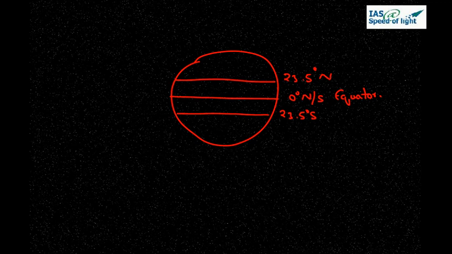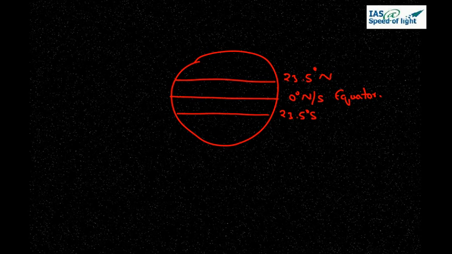Right, so the direct rays of the sun cannot go beyond 23.5 degree north and 23.5 degree south. So this is the reason why these lines are there. We will get into a bit more detail on this momentarily.